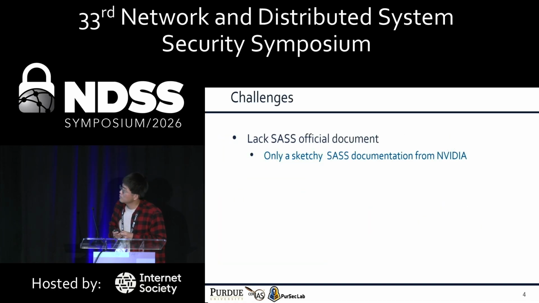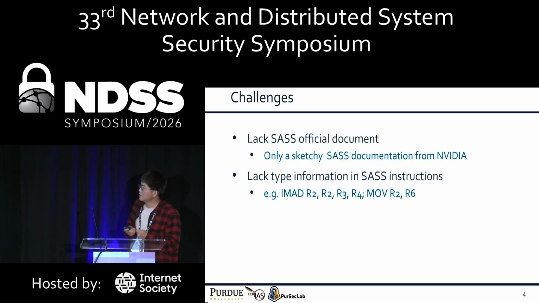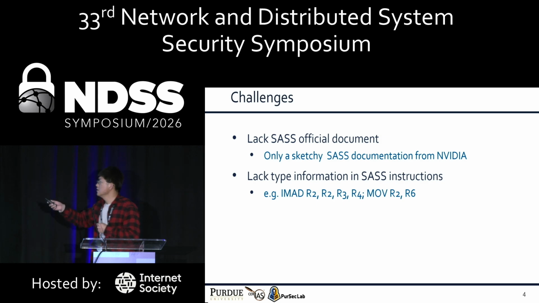So to implement such a work, there are a lot of challenges. The first is that we don't have enough official documents from NVIDIA. There is only a very sketchy SASS documentation. It introduces the function of each opcode and the types of operands like that. So it's not enough. The second problem is that, as we can see for SASS instructions, there is no type information.